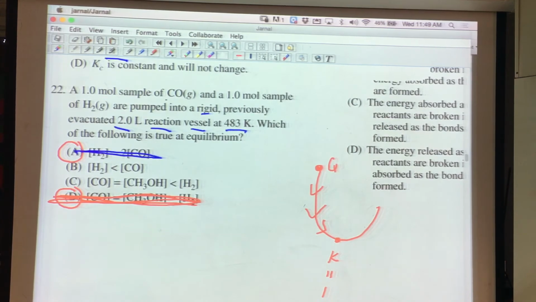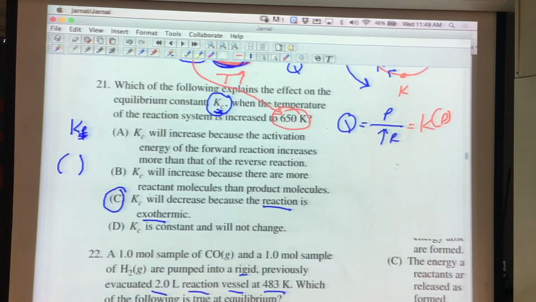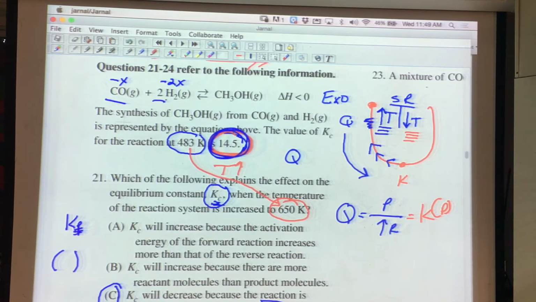Look at letter B. H2 is smaller than CO. Would the H2 be smaller? Yes. Because it's going to lose 2 compared to the 1.